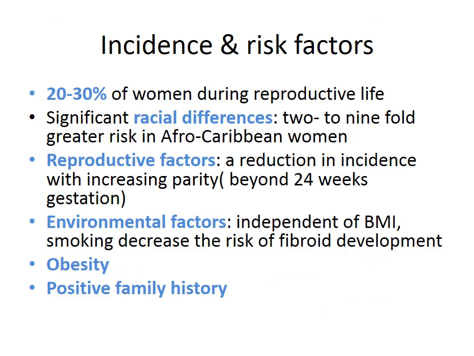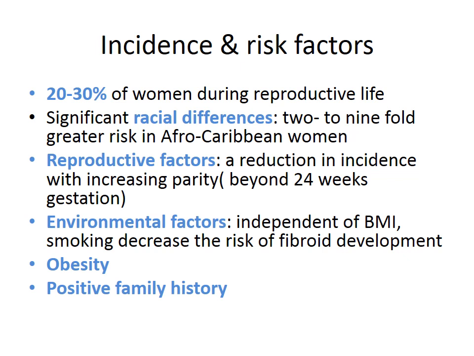What about the incidence and risk factors? Fibroids affect about 20 up to 30% of women during their reproductive life. There are significant racial differences. It has been found that there is a 2 up to 9-fold greater risk of developing fibroids in Afro-Caribbean women.